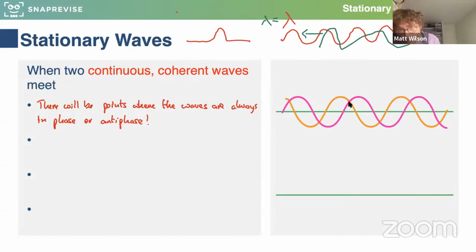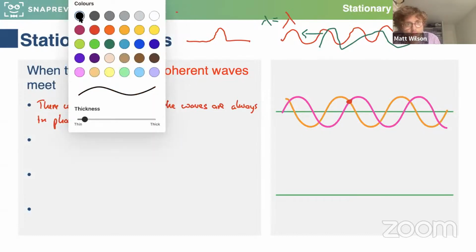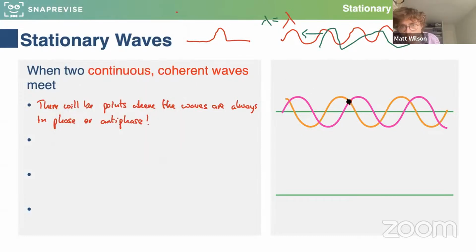Okay, let's find one. And a classic one would be, for instance, this one here. Okay, I'm going to use a different color because that's super hard to see. Okay, there we go. So here's a point, essentially this line here, where no matter what time we're at this point here, let's say this point here, these waves are always going to be in phase. Okay, why is that?